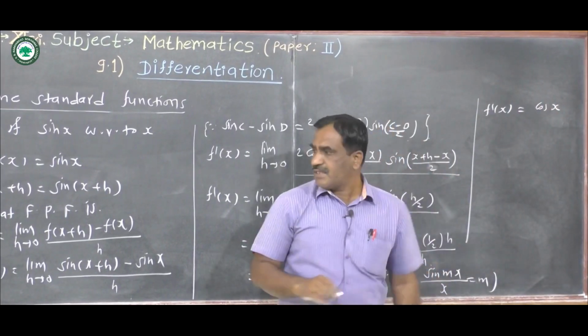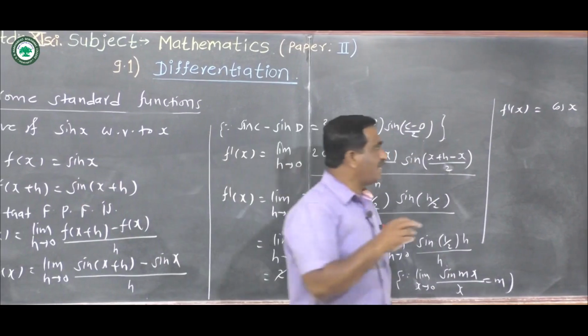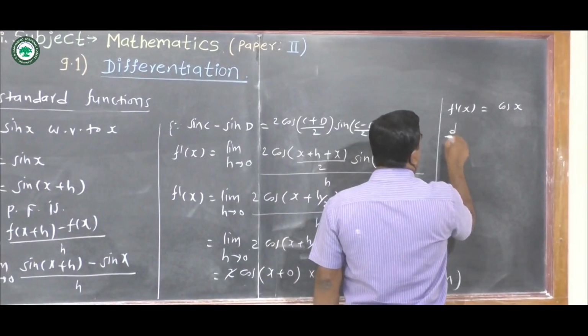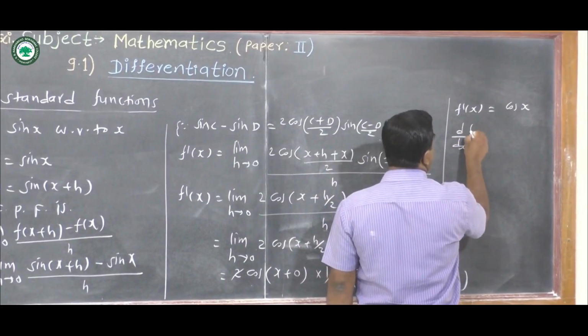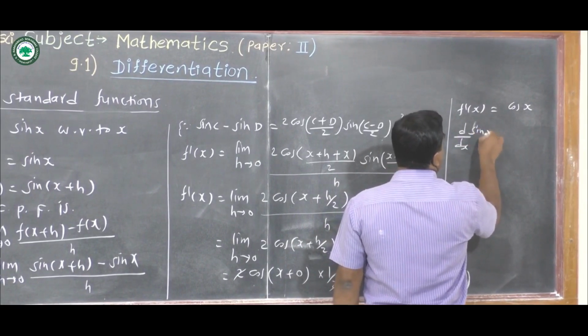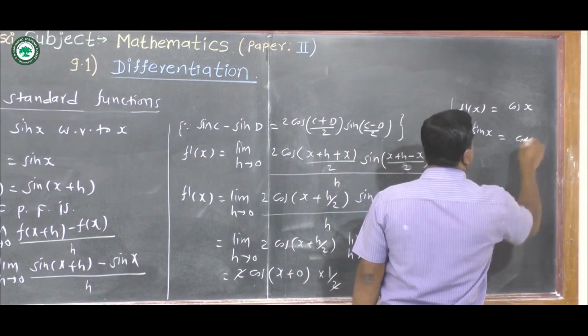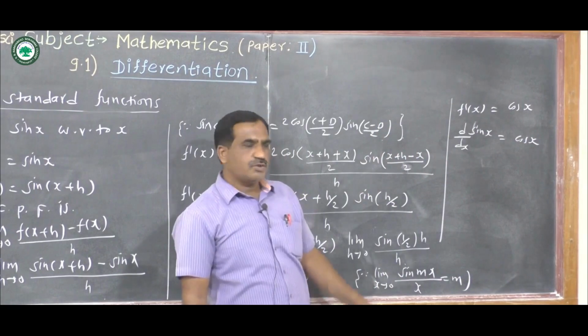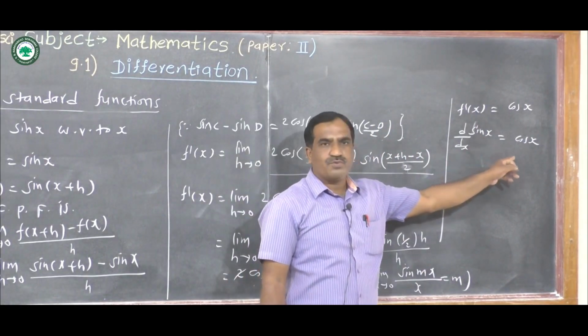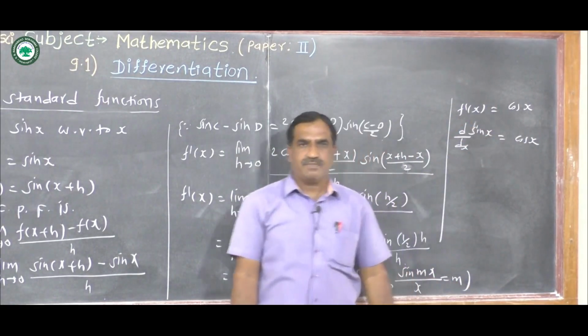Now f of x is sin x, therefore we can write here dy dx of y, that is sin x is equal to cos x. That is derivative of first trigonometric function sin x is equal to cos x by using first principle formula.